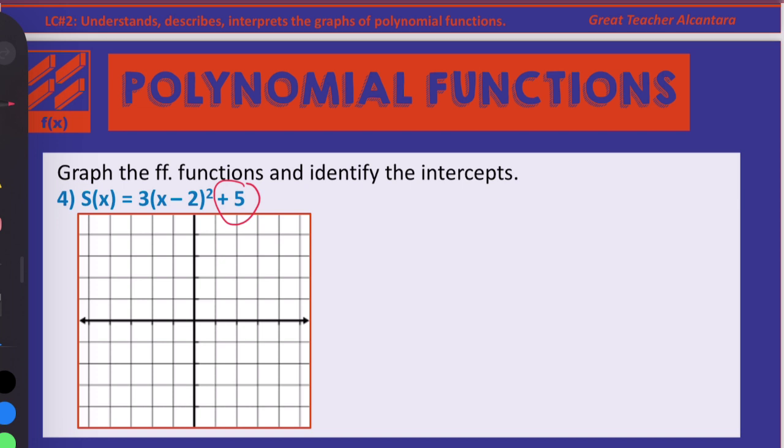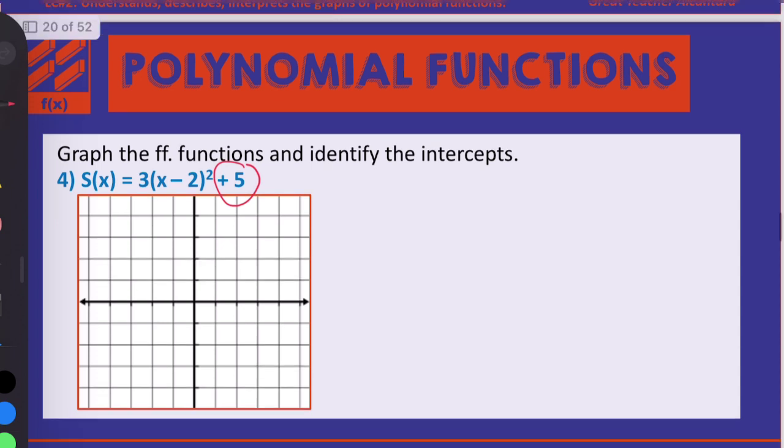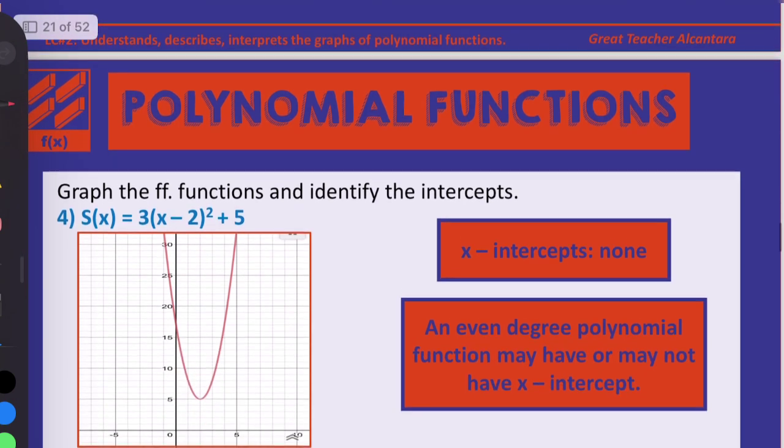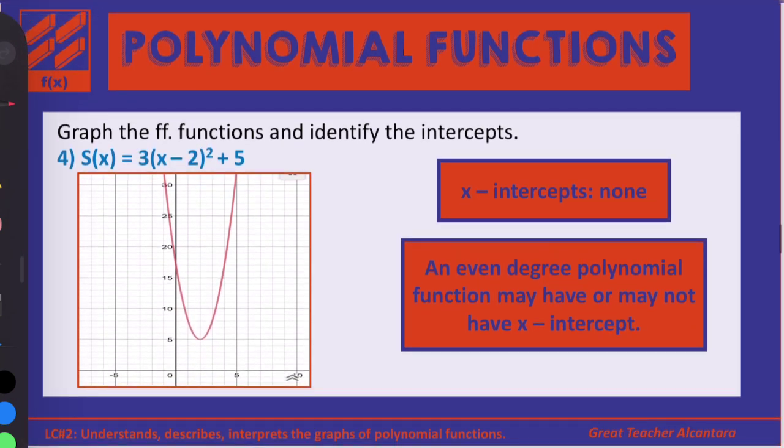So what happens here is that your parabola, without the plus 5, would still be on the x-axis. But because of the plus 5, look where it went. It went up. The emphasis is that the plus 5 affected it in a way that it went from here to here. That's one of the things that you discussed back in grade 9, which is the shifting of the graph. If you haven't done that, maybe in the future you will. That's the concept that I wanted you to understand.